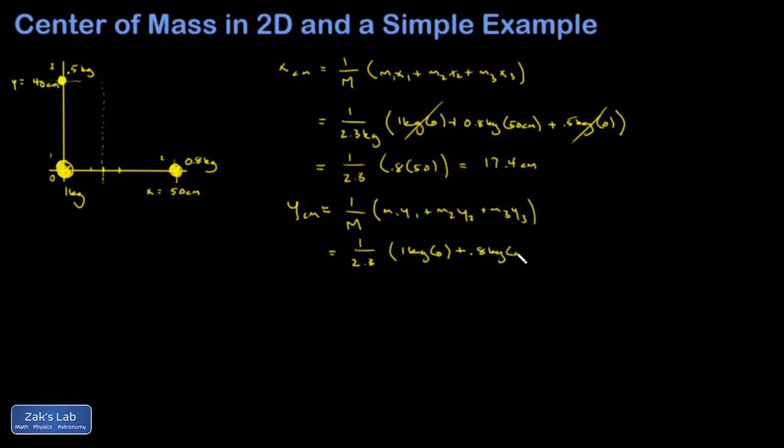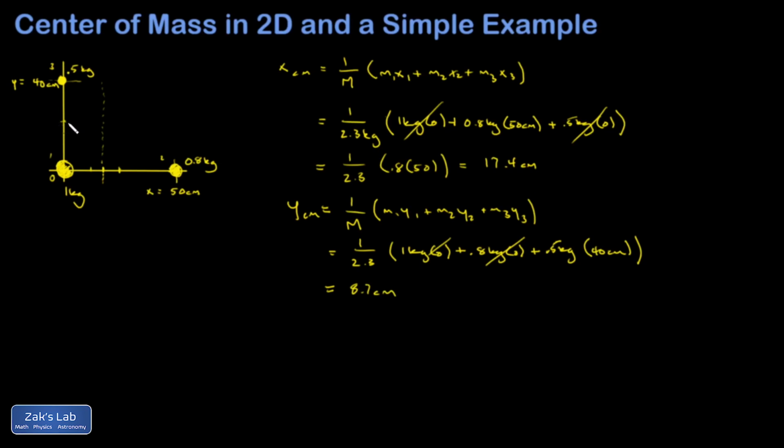It also has a y-coordinate of 0. M3 is 0.5 kilograms, and its y-coordinate is 40 centimeters. I crunch all the numbers in my calculator. 0.5 times 40 over 2.3, and I get a y center of mass coordinate of 8.7 centimeters.